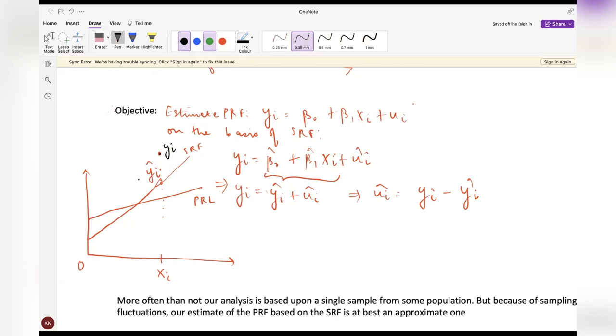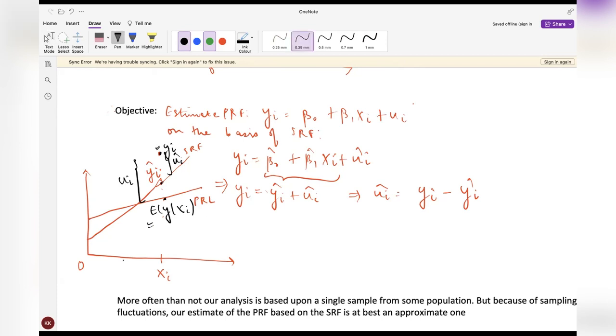The PRL will give me the expected value of y given xi. So this difference between the actual value and the estimated value gives us the residual ui hat. And if we are talking about the difference between the actual value and the conditional mean, that will give us the error term. Fine. So this is the major difference between the two.